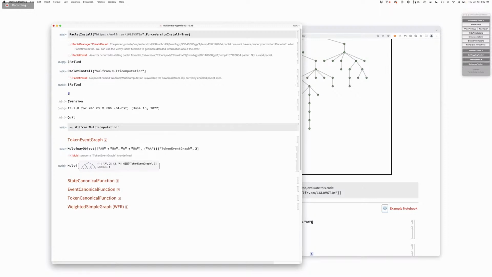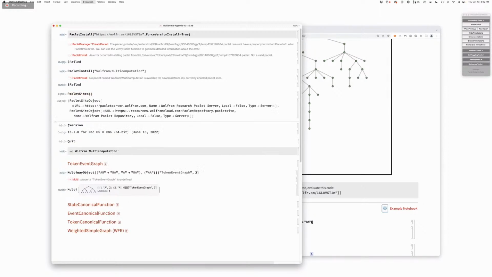Well, that's weird. What's going on? It's definitely there. Well, how do I know what packlet sites I'm looking at? Packlet sites open close. Is that the right place? There's the two default ones.